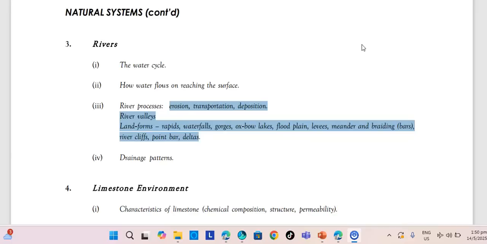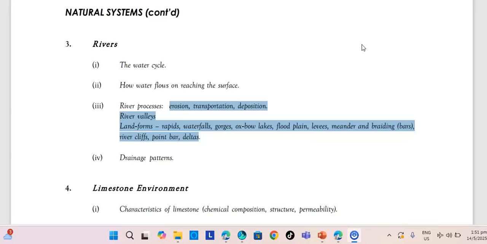Example, a river cutting into rock to form a steep valley. So if you live in a country where you see a lot of waterfalls coming from the top of the mountain, and you wonder how that happened? Well, it is erosion. So the river cuts into the land, forming valleys and waterfalls.